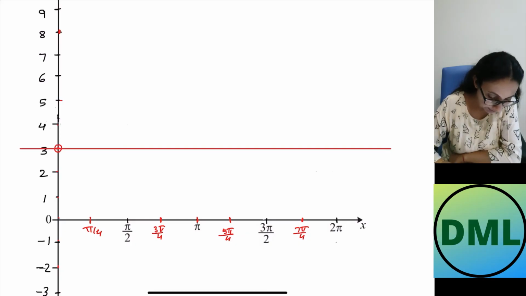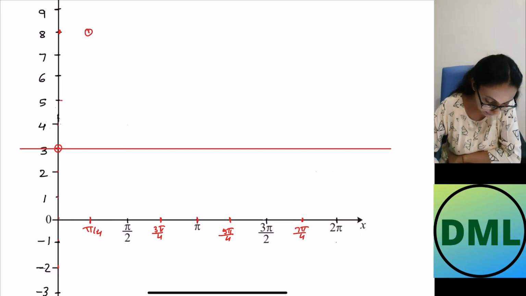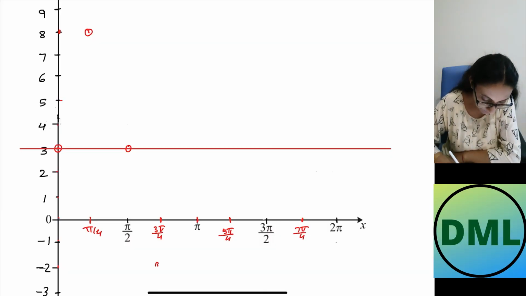At pi by 4, it will touch the amplitude, going 5 units up, touching 8. At pi by 2, it will touch the axis again. At 3 pi by 4, it will go down 5 units, touching minus 2. Then at pi, it will again touch the axis.